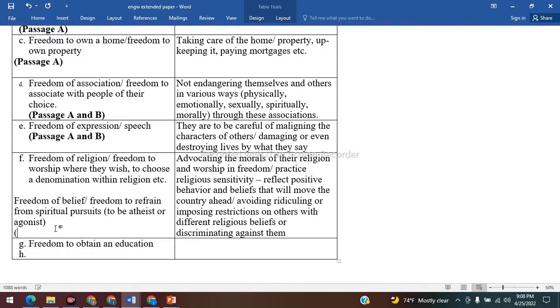So this is from passage two, passage A and passage B. The last one we'll look at is freedom to obtain an education.